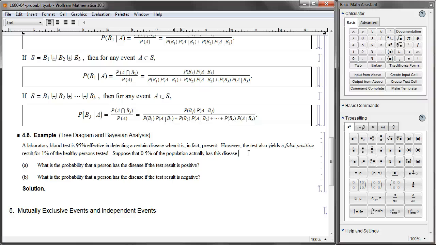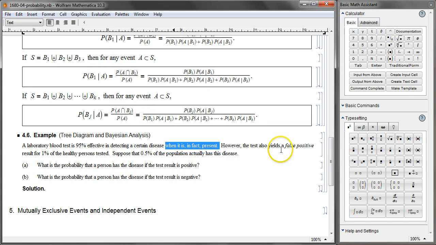The first one, 95% effective in detecting a certain disease, is a conditional probability because of this phrase, when it is present. When the disease is in fact present, then this 95% applies. For a healthy person, it does not apply. So this is a conditional probability.